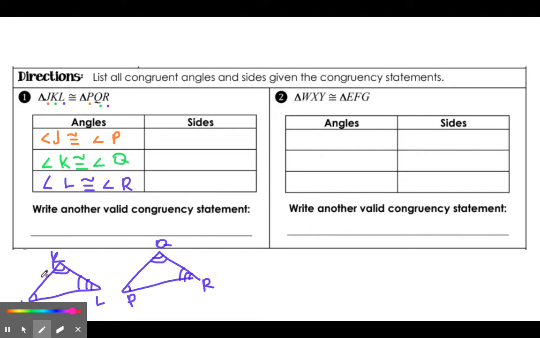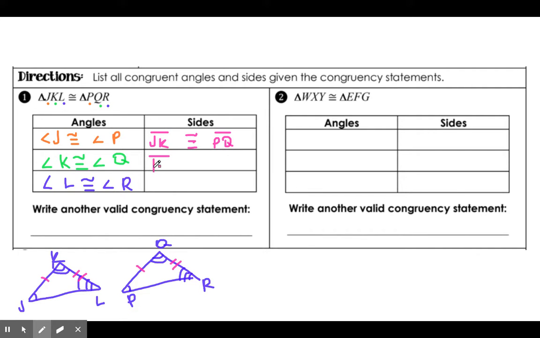So if we look at this, this tells me that this segment here, JK, is congruent to this segment PQ. And we can kind of see that here. JK and PQ are in the same spot. So segment JK is congruent to segment PQ, right? Then we have KL is going to be congruent to QR.